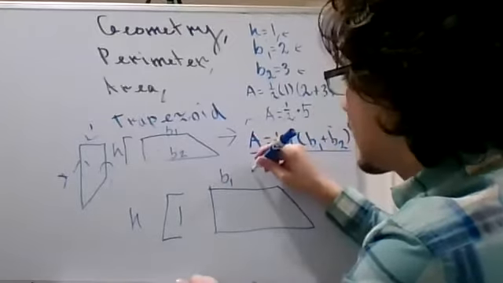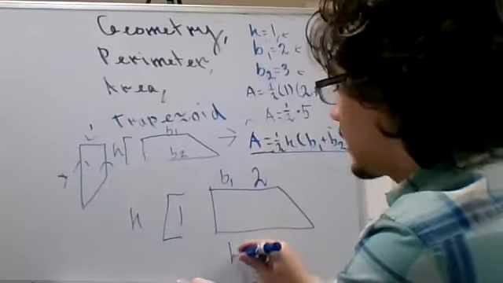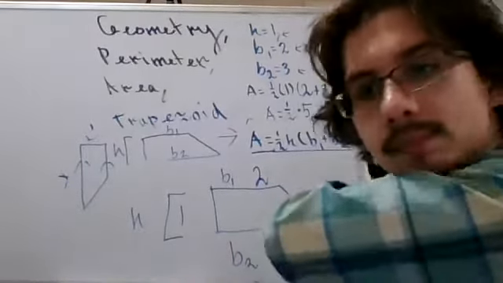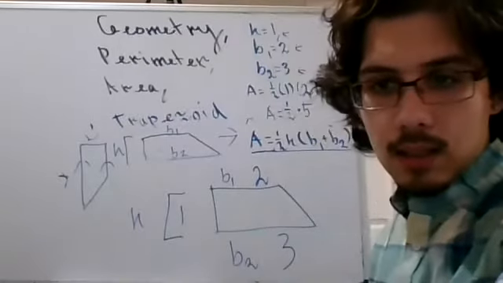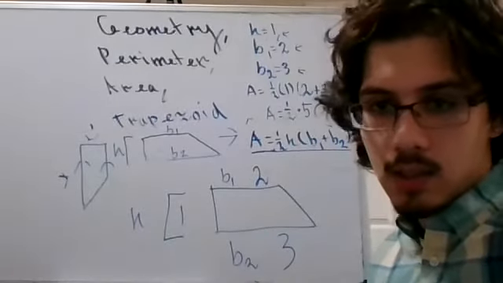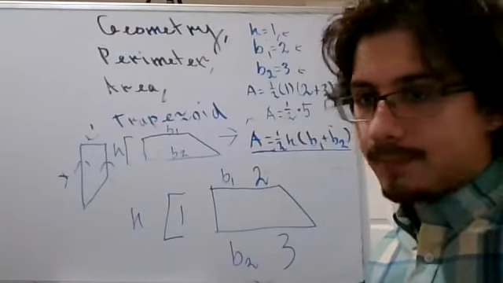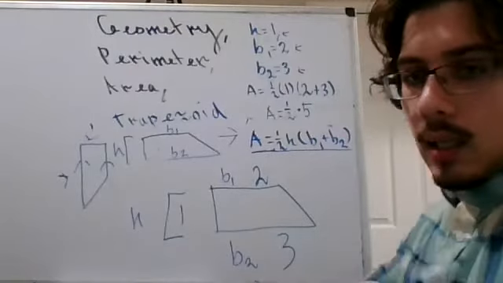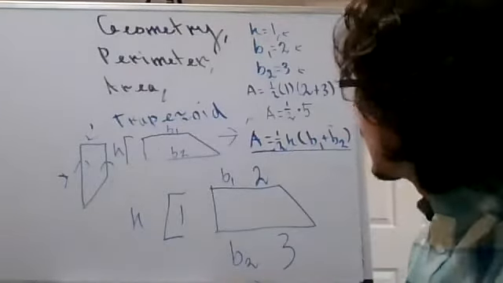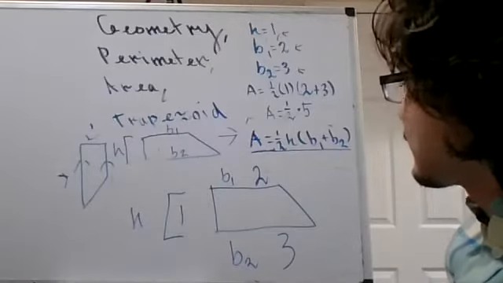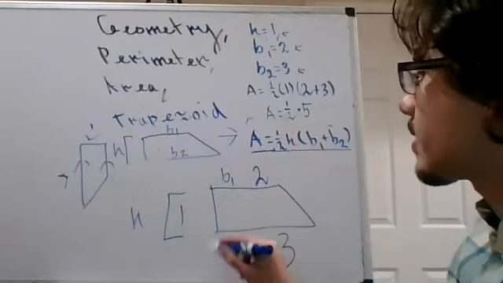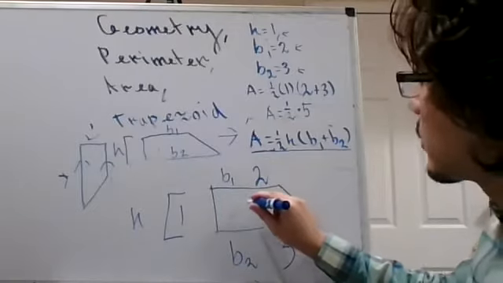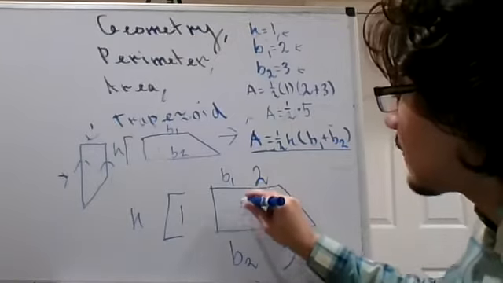Base 1 is 2, and base 2 is 3. Mr. Landon's having connection issues. So here's our trapezoid. Our height is 1, base 1 is 2, and base 2 is 3. This comes out to an area of 1/2 of 5.